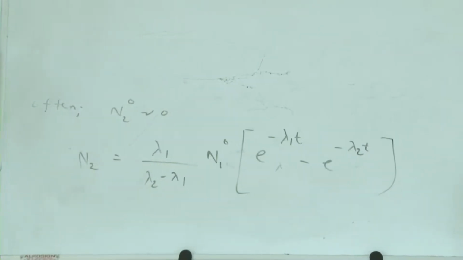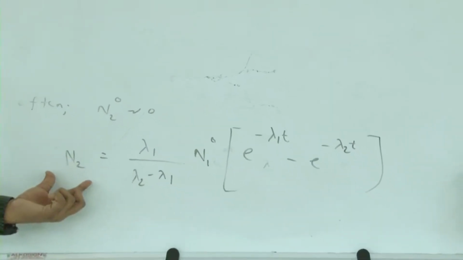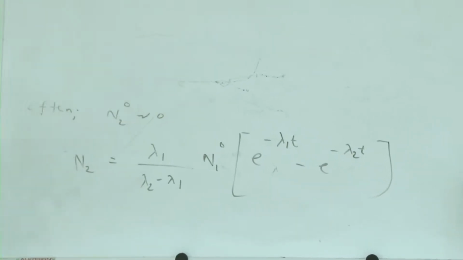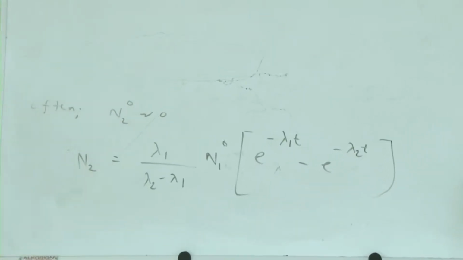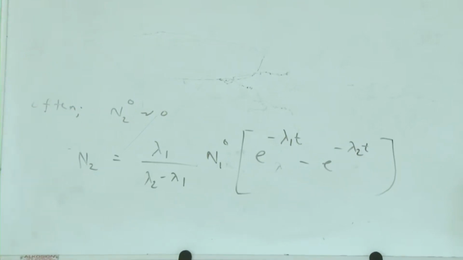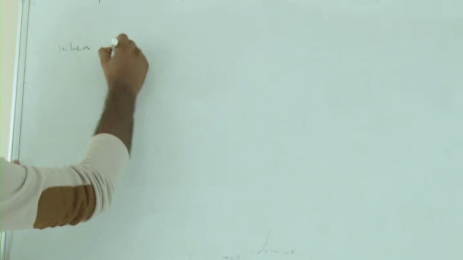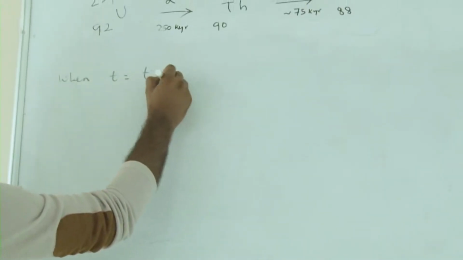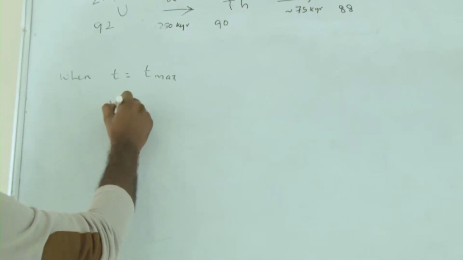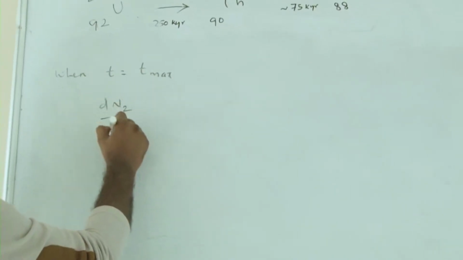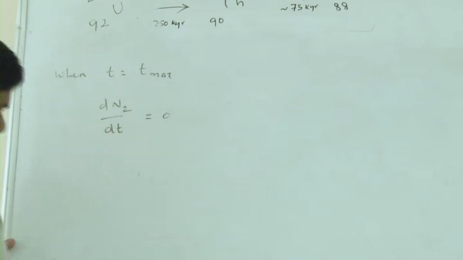We will now try to find out when this n 2 reaches its maximum point, what is the time when n 2 is maximum. If you want to find that, so when t is equal to t max, that is the time when n 2 is maximum, you have to see that the first differentiation of n 2 with respect to time should be 0.